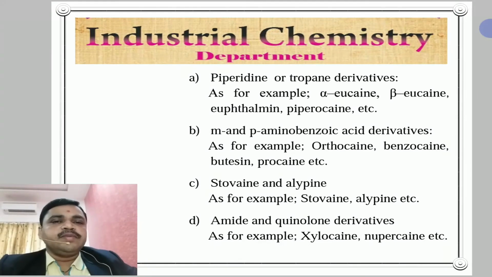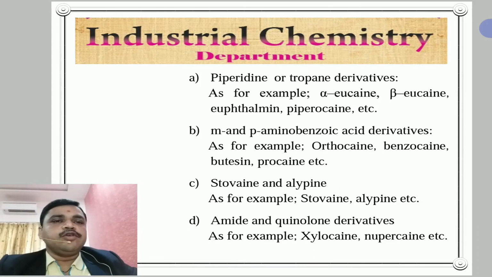So the subclassification of synthetic local anesthetics are: Number A, piperidine or tropane derivatives, as for example alpha eucaine, beta eucaine, euphthalmine, piperocaine, etc. Number B, meta and para aminobenzoic acid derivatives.